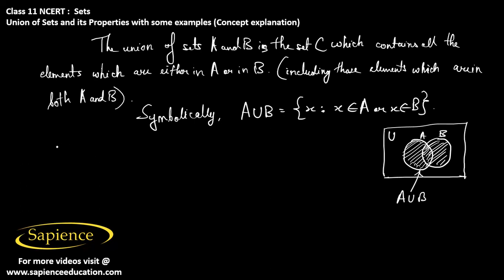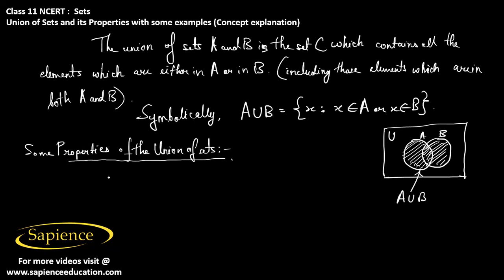So this shaded region will be called the A union B. Now we should tell some properties of the union of sets. The first property is A union B is equal to B union A. It means that the union of sets is commutative.